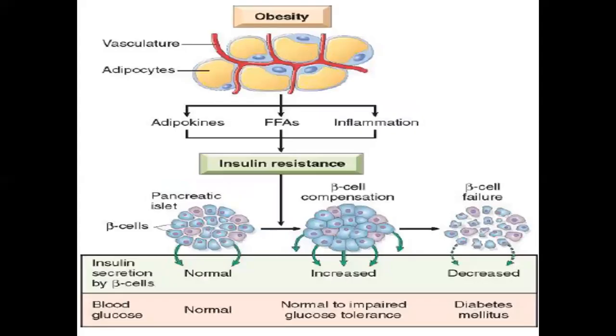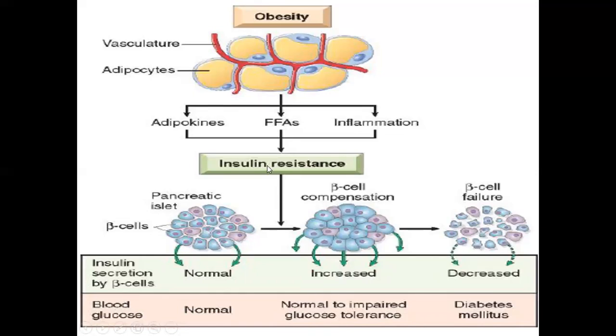So what basically happens is that any risk factors contributing to increased adipokine production, increased free fatty acid production, and inflammatory process would result in insulin resistance. So your cells become resistant to the actions of your insulin.